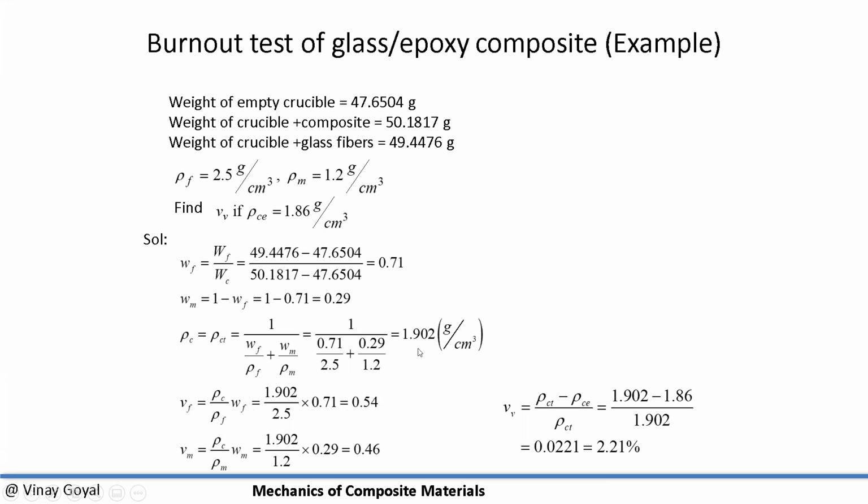The volume fraction is 1.902 divided by 2.5. That's obvious, I know the density. I know the theoretical density, 1.902. I get 0.54. And for the matrix material, I repeat that, and I get 0.46. So I know now the fiber volume fraction versus the matrix fraction.